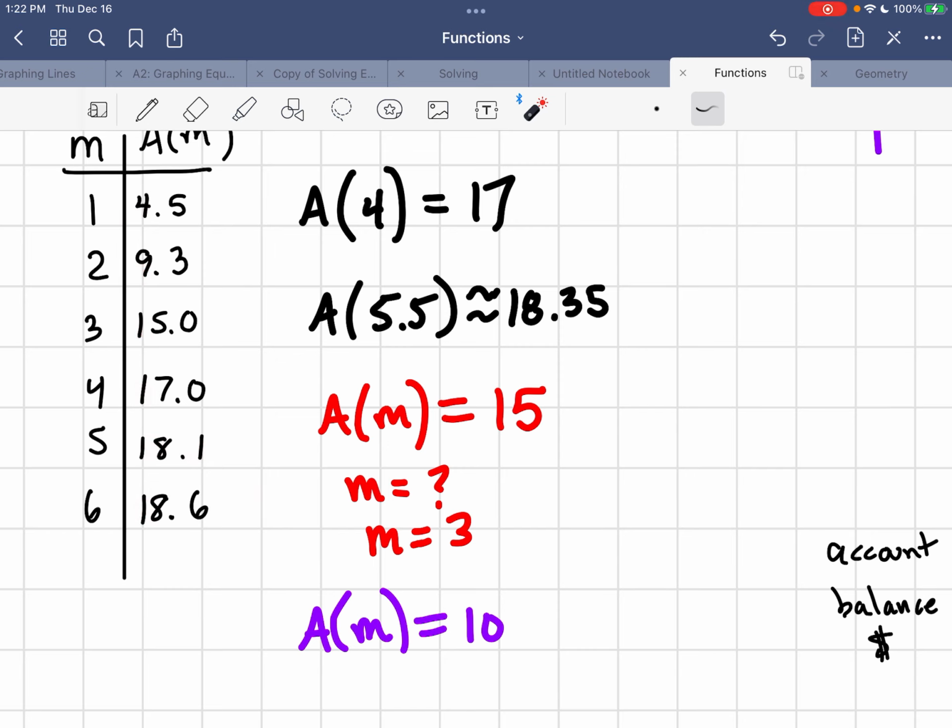We don't know that for sure because we don't know what's happening in between. So my best guess, though, is something really close to 2, right? 2 is 9.3. So I'm going to say m is approximately 2.1, 2.2. And as long as it's ballpark where it needs to be, I'm going to be okay with that kind of estimate.